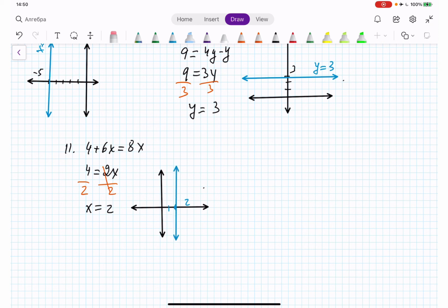Remember, we said when it's only x, it never crosses y, right? All right. And we get x is equal to 2. And the last question.